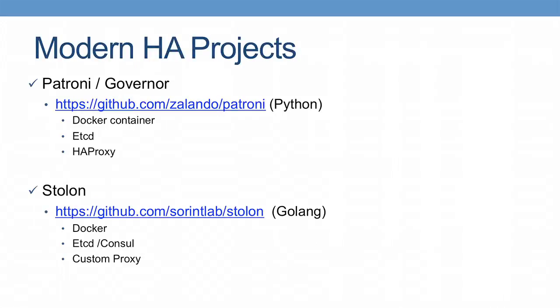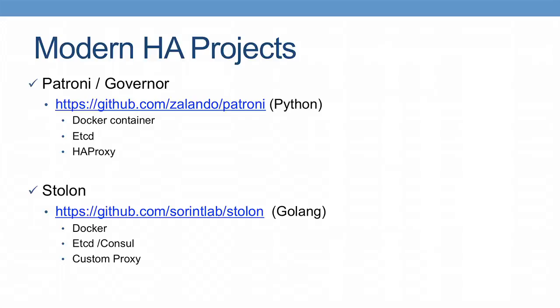One of the things that is now coming along, and how many of you attended the Governor talk that Chris and Josh did? Okay. And Josh's talk on Petroni? Nobody, okay, all right. So there are three more new projects coming that are trying to fill this gap.